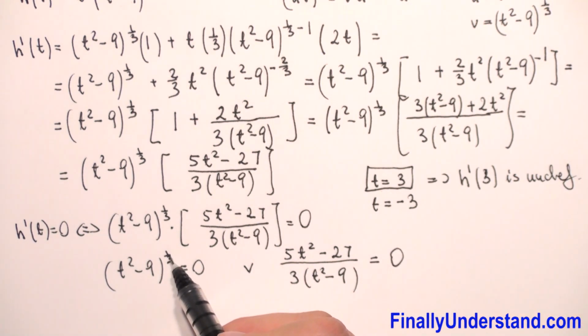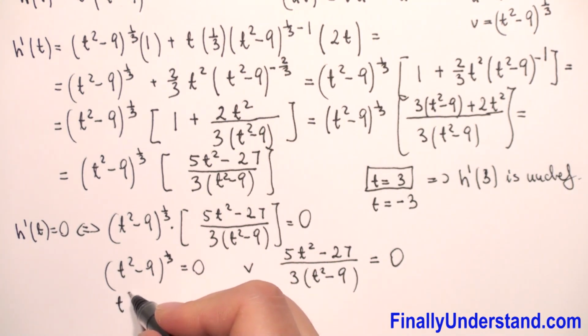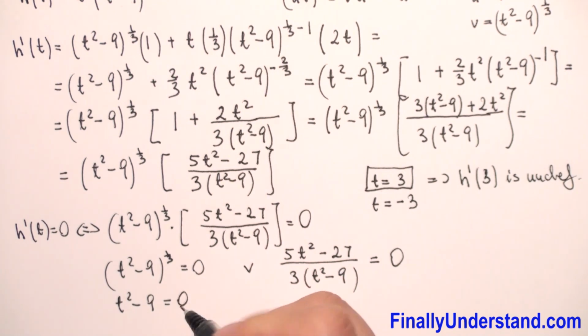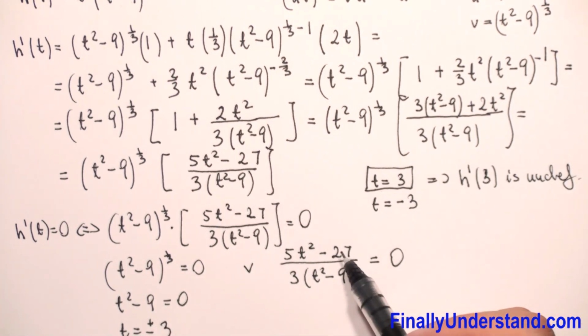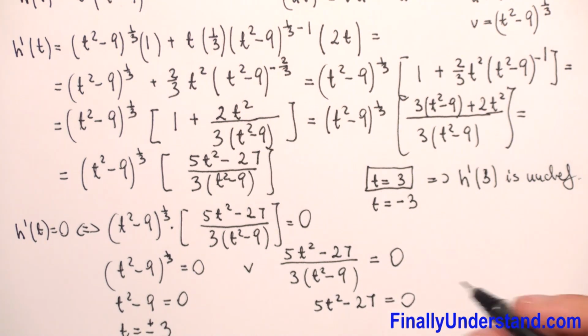Because I have here the power 1/3, I will take both sides to the third power, so this power reduces, and we have only t squared minus 9 equal to 0, since 0 to the power three is still 0. So t is equal to plus or minus 3. And here we have a fraction. The denominator cannot be 0, so we only take the numerator: 5t squared minus 27 is equal to 0.